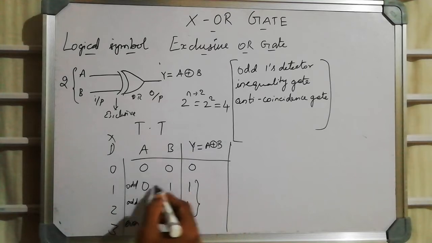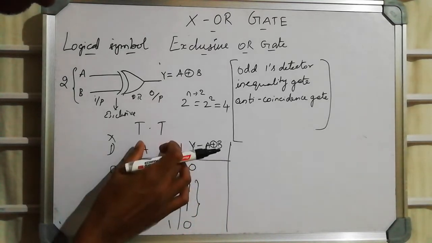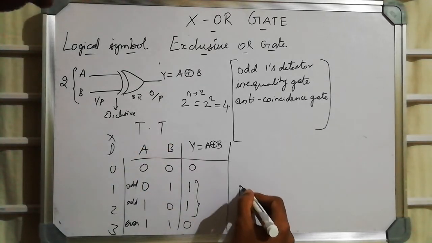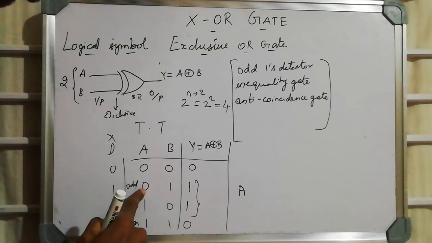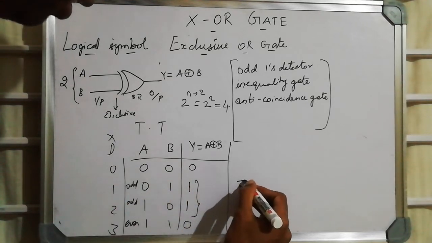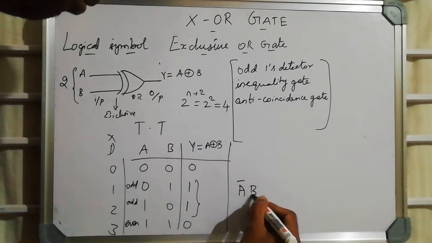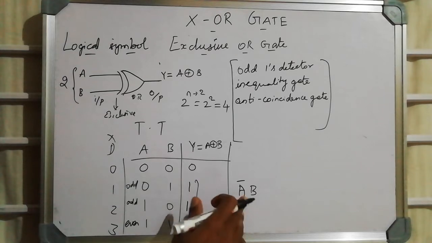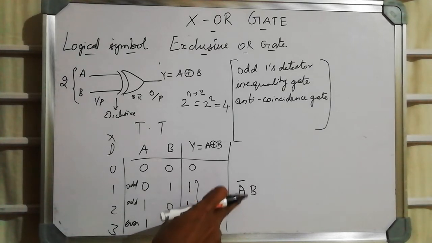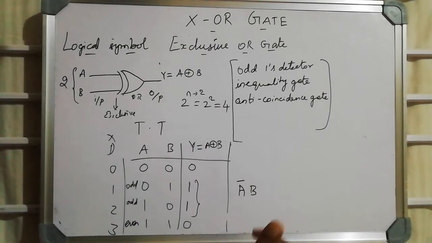Here first we have 0 1, so we write the corresponding input names: A is 0, so we write A bar, and B is 1, so it will be B. When it is 0 we have to mention it with a bar on top of the name.